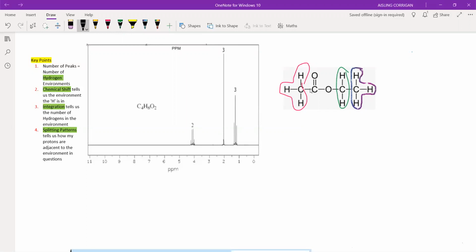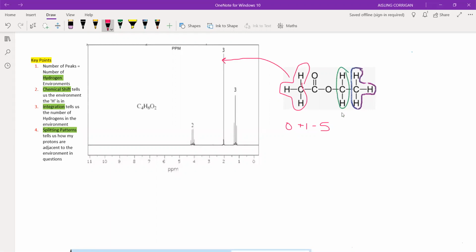If we have a look around, there are actually no hydrogens adjacent to this hydrogen environment, because the hydrogens are bonded to a carbon, and this carbon is bonded to the C double bond O, single bond O. There are no adjacent hydrogens, so none, and then there's the n+1 rule. So it's going to be the singlet. And the singlet is this bad boy over here. Okay, it has that one splitting pattern. So we figured out that one.